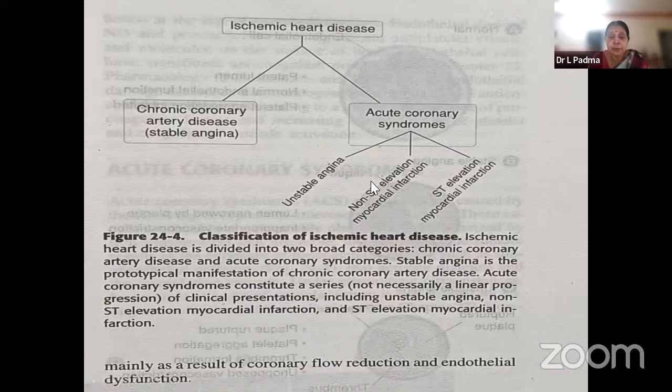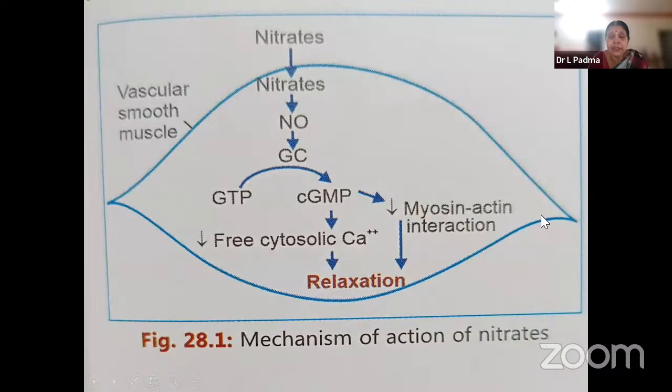So these things should be made out because this constitutes a series of clinical presentations which includes all of them. Most important, we can have sudden death in the case of ST elevation, where there is formation of thrombus and platelets getting into the vessel and blocking it. All those will be the problems we meet with.